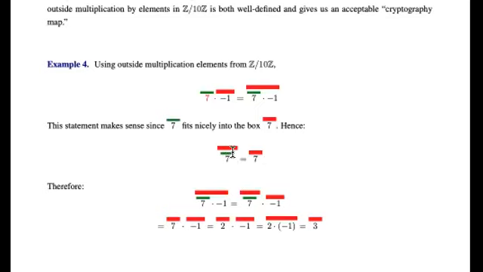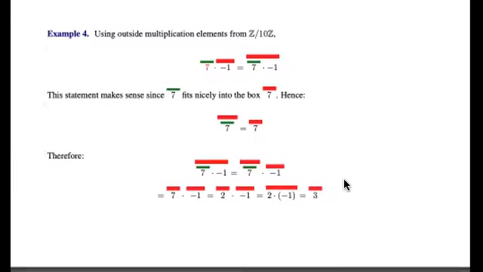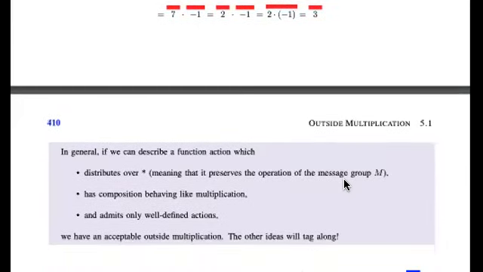And so it's completely contained in this chunk right here. So we can just simply replace this with that. So in our multiplication, we can do a little bar arithmetic, replace this with 7 bar and put bars back over and end up getting what we want. So this is a well-defined outside multiplication if we come from Z mod 10Z.